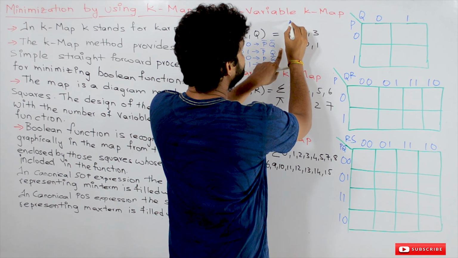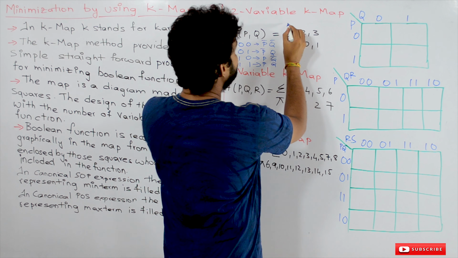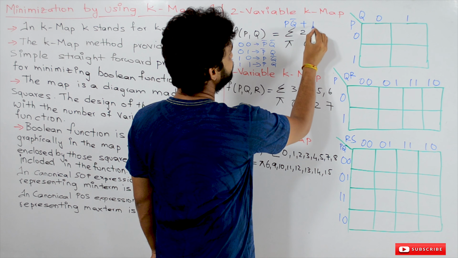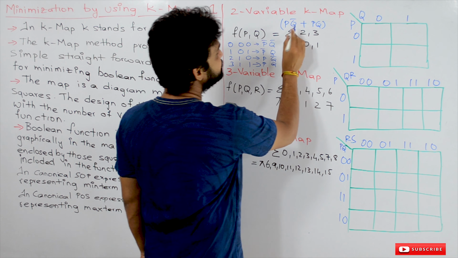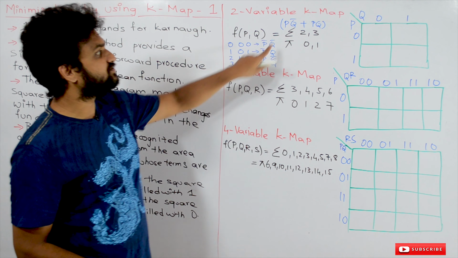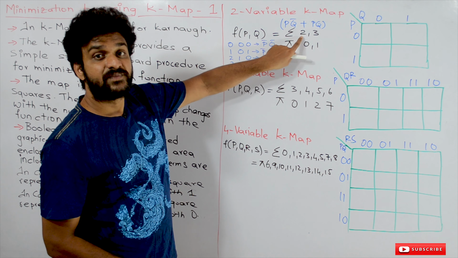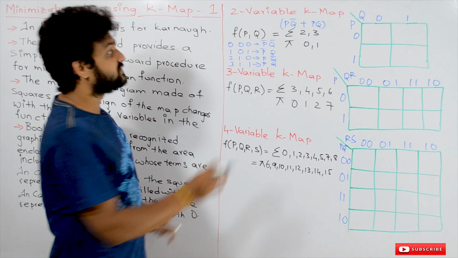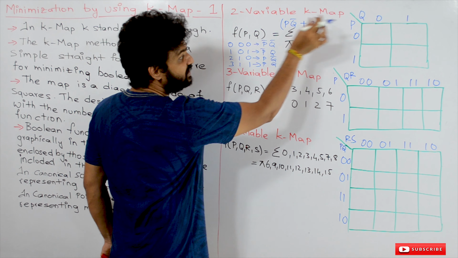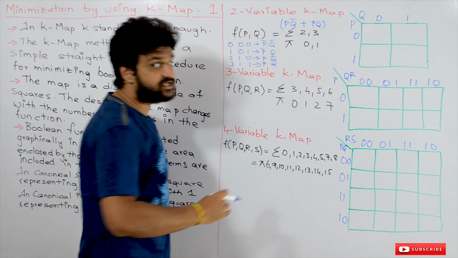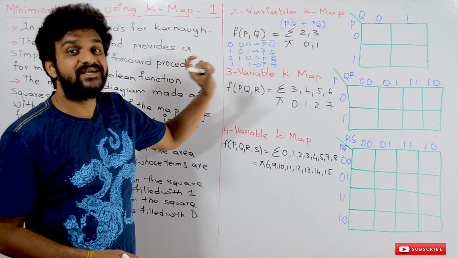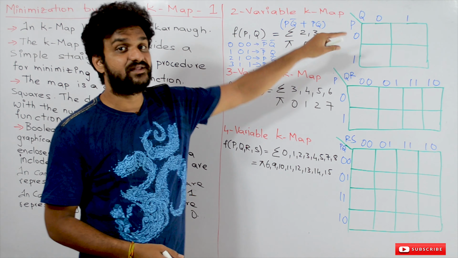For 2 it is PQ bar, plus 3 it is PQ. So this is the canonical sum of product representation of the given expression. Each min term is filled with 1 in the square.